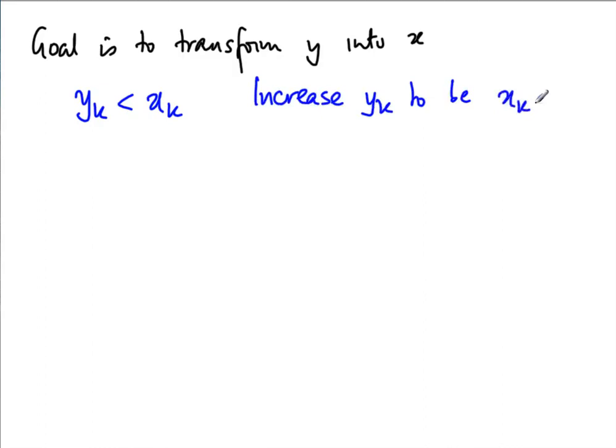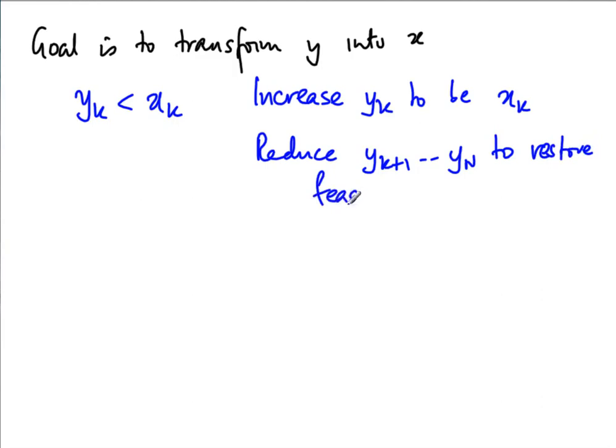Now what has happened is that the total quantity in y has gone up because you have increased it, and so now you will reduce yk plus 1 up to yn to restore feasibility. Because you have to drop something, right? So you have to reduce something in order to compensate for the fact that you've increased yk.